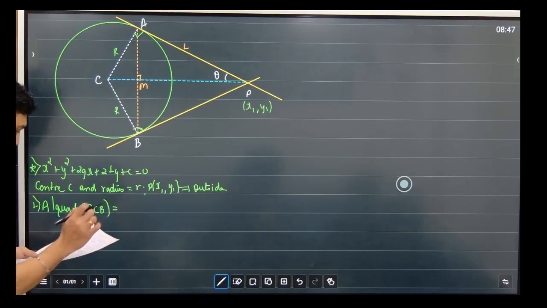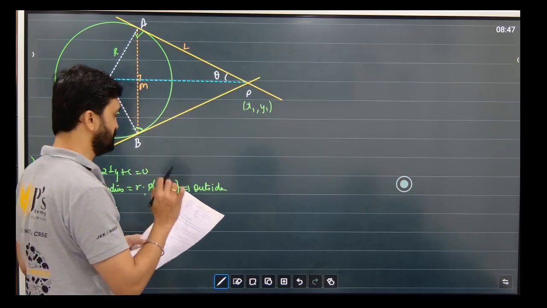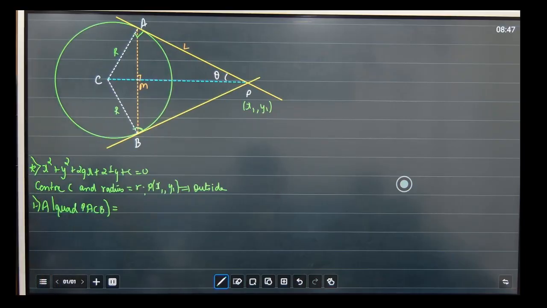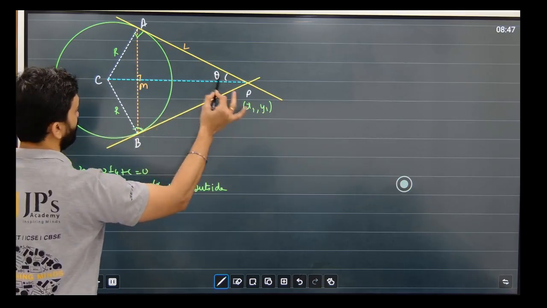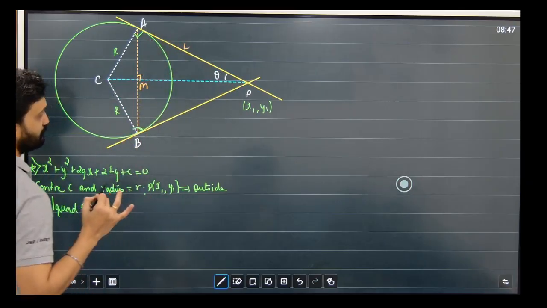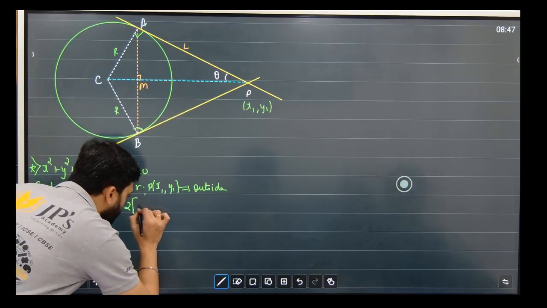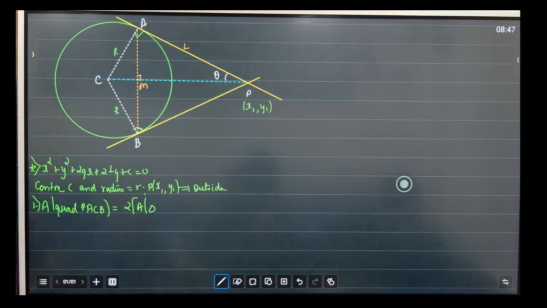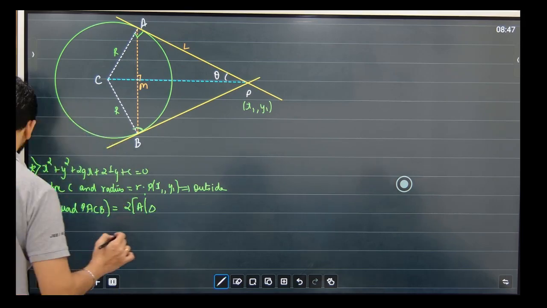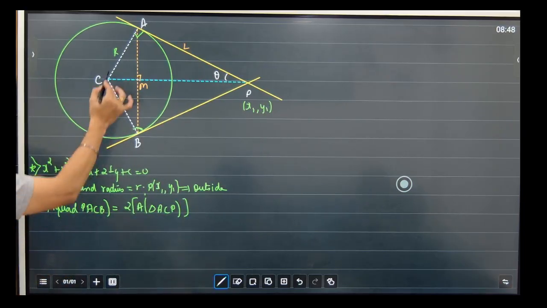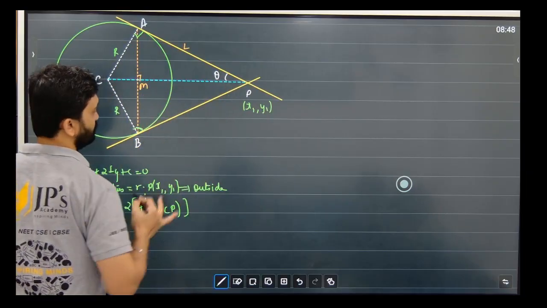So now when I talk about the area of quadrilateral PACB, it is nothing but twice the area of triangle ACP.